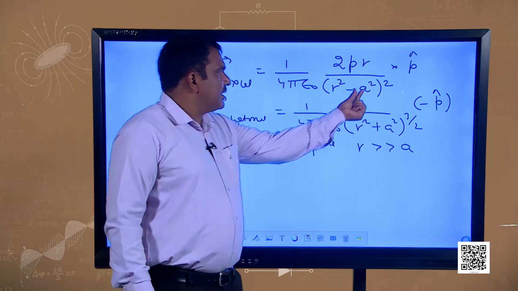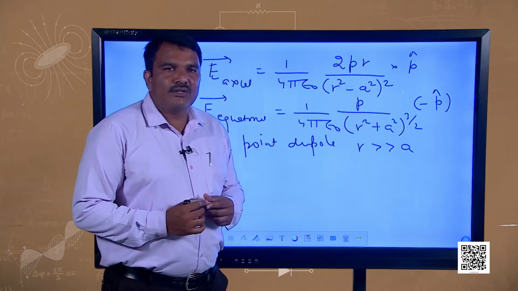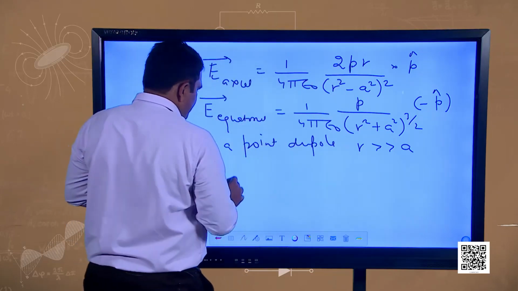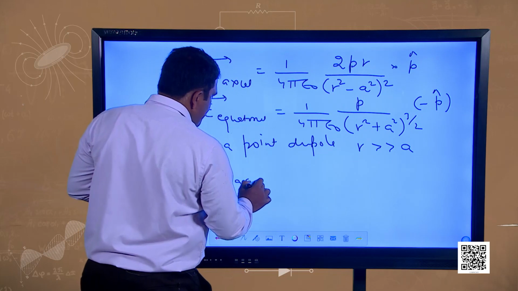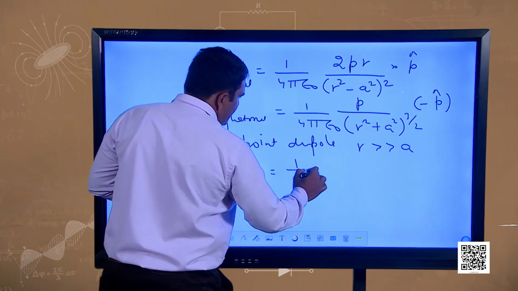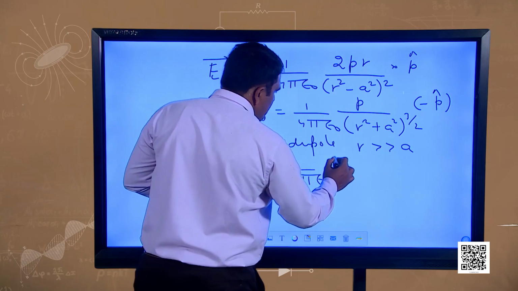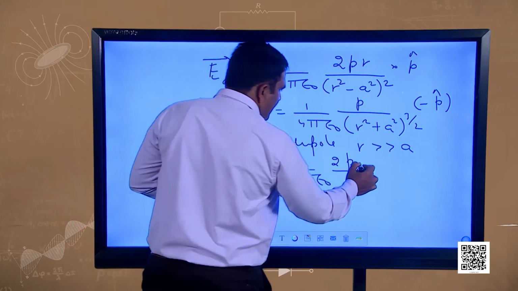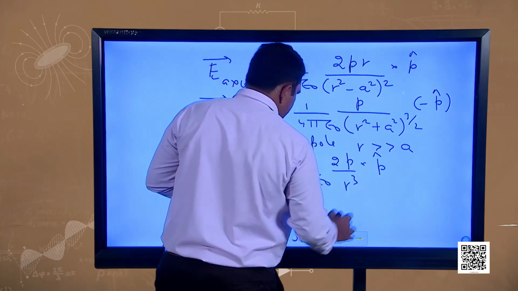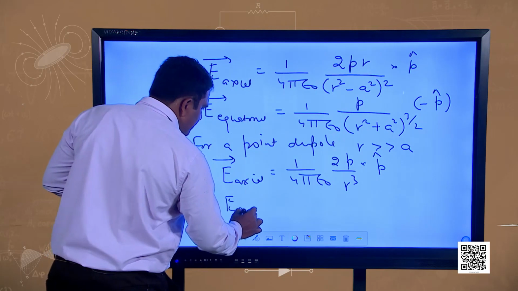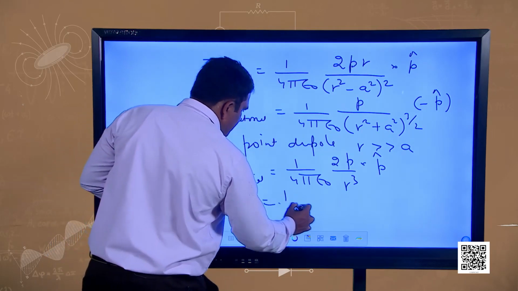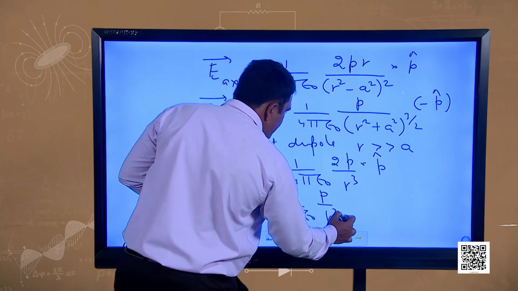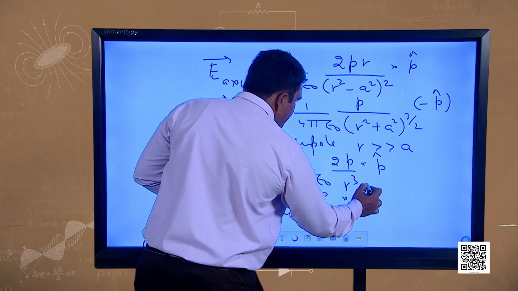That means a square can be neglected as compared to r square, and these two formulae will become: electric field on axial line will become 1 by 4 pi epsilon naught, 2 p by r cube, multiplied by p cap, and electric field on equatorial line will become 1 by 4 pi epsilon naught, p by r cube, multiplied by minus p cap.